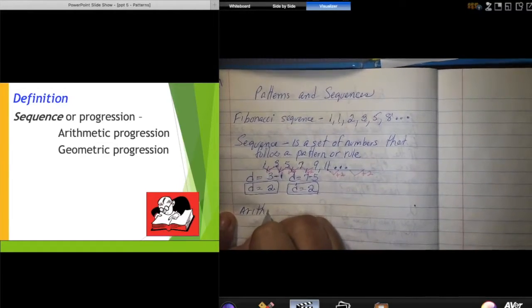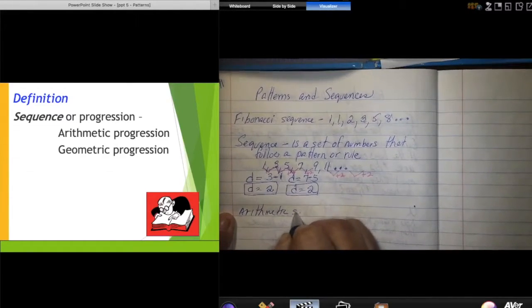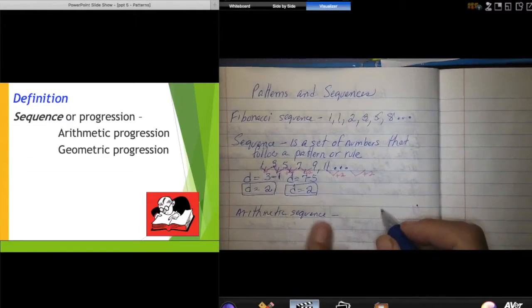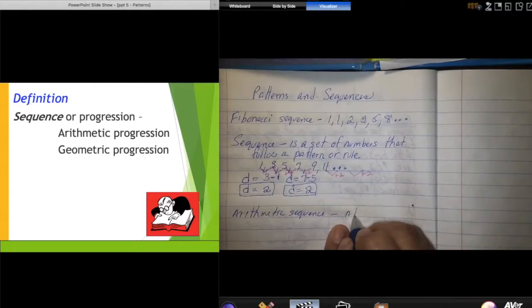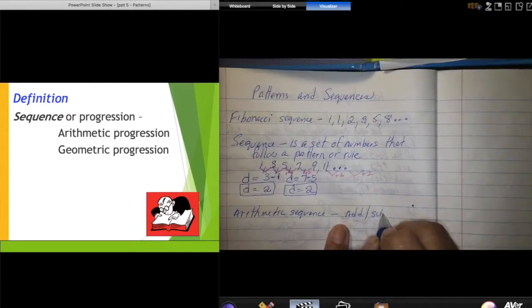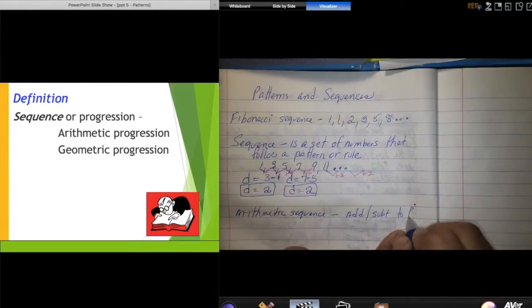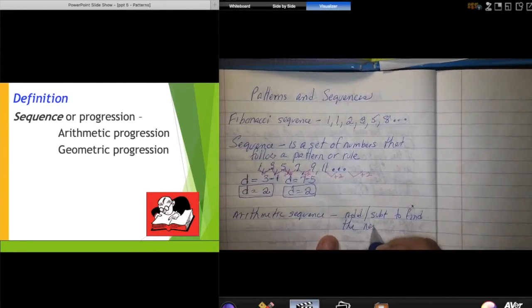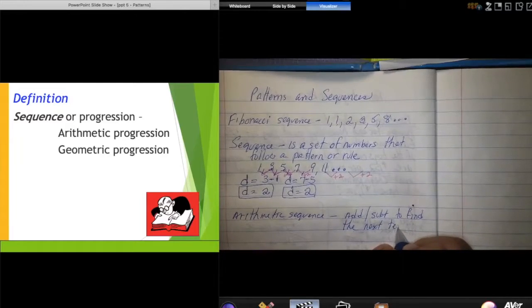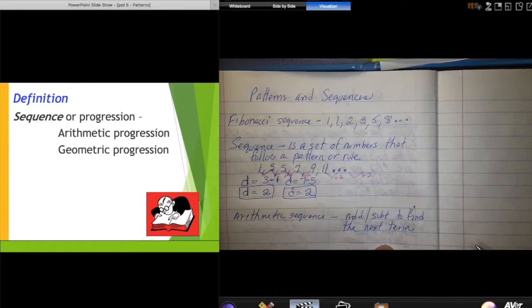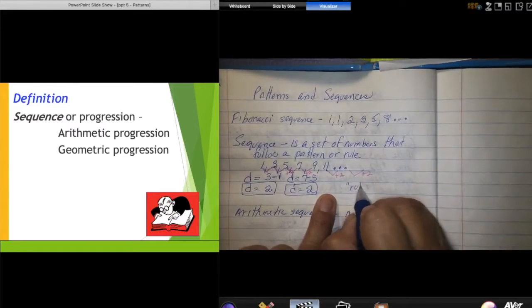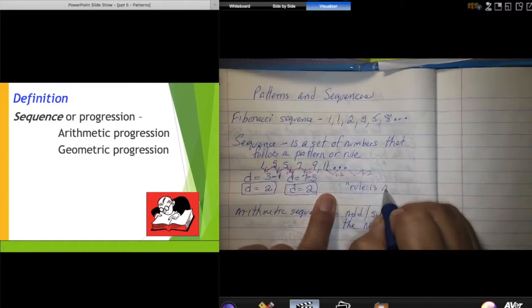An arithmetic sequence is when you add or subtract to find the next term. So the rule for this problem, add 2.